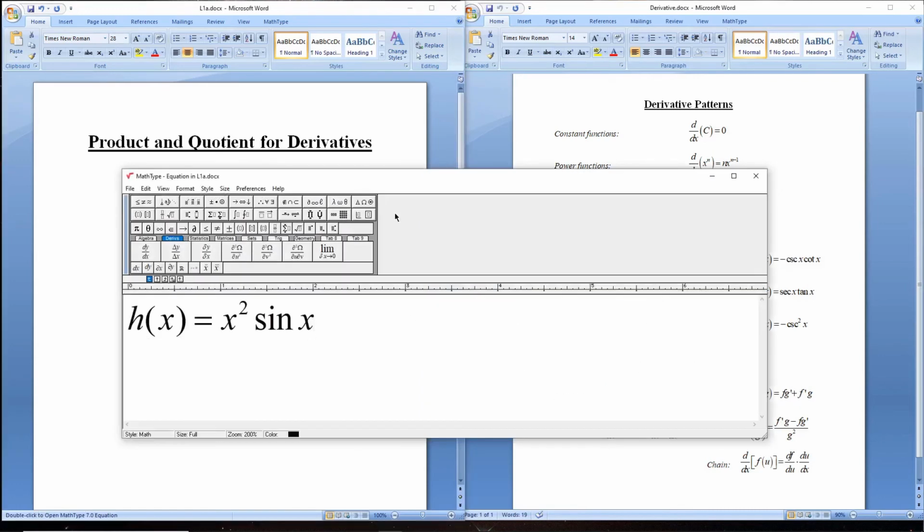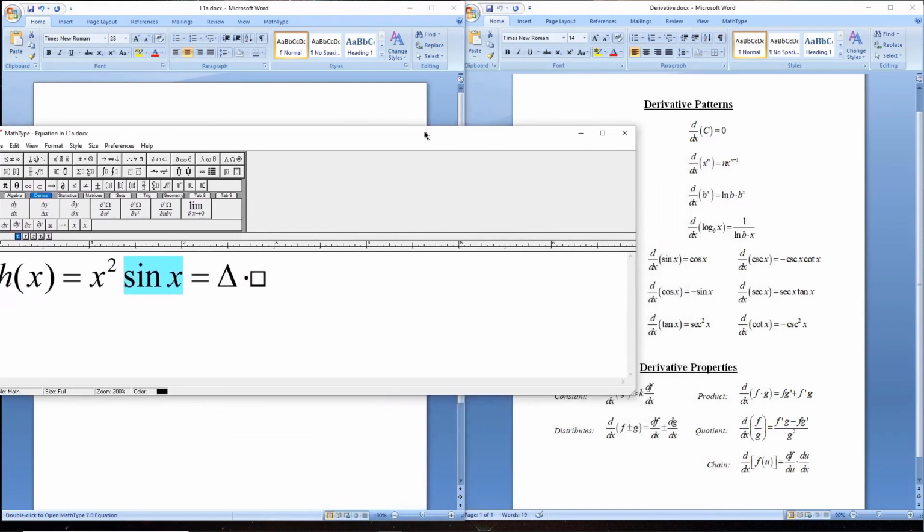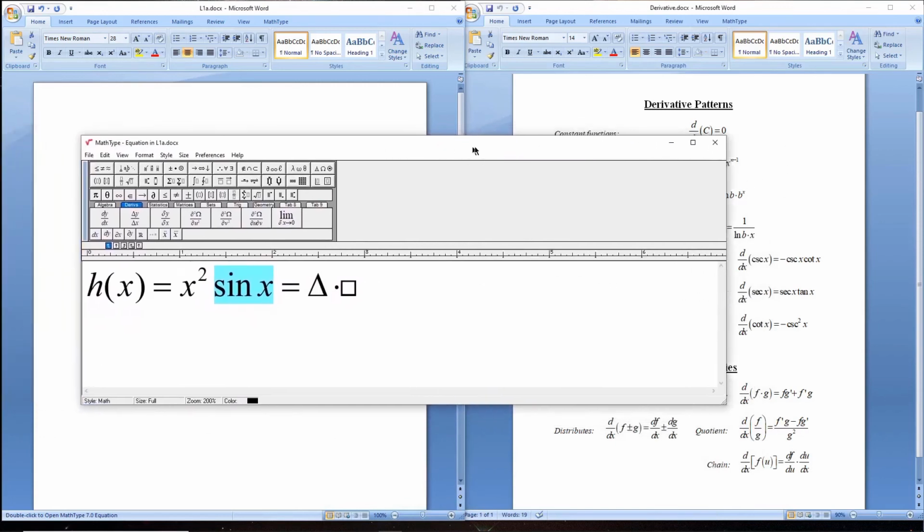And so this is how we would do that, this is where recognizing what your pieces are matters. So going just back to objects, if you can recognize that this is like a triangle times a square, that would be great. If you can recognize that the triangle here is a power function and that the square here is the sine function, then you're going to know what derivative patterns to go to.